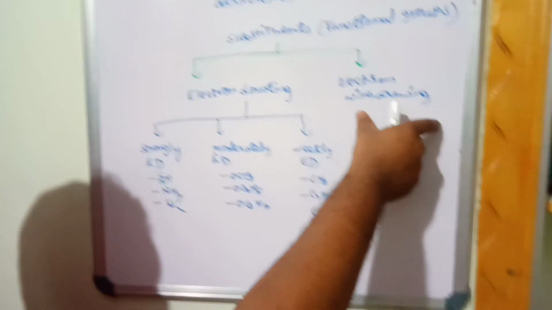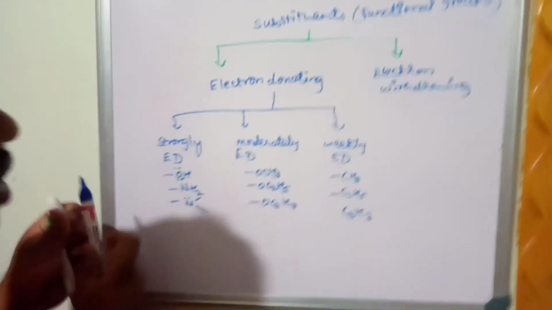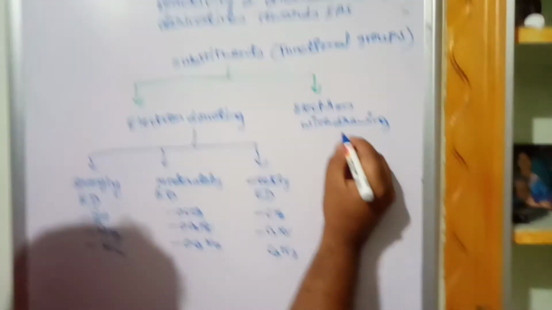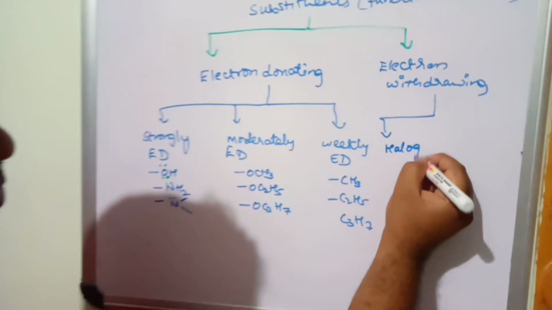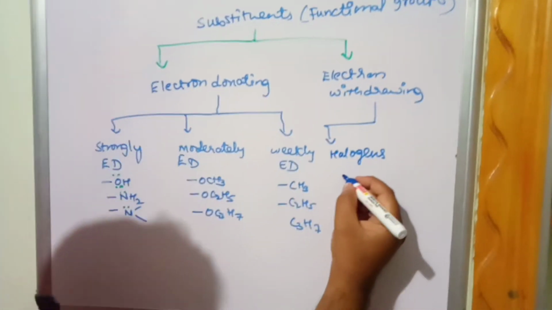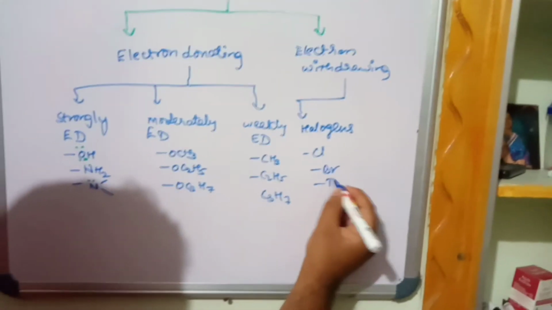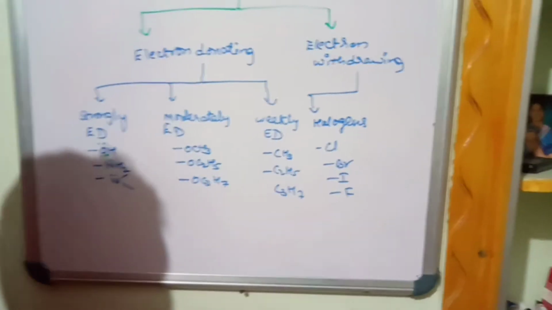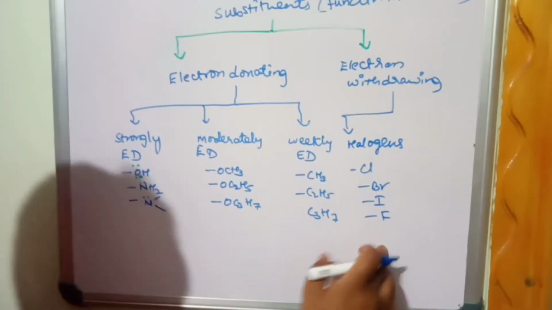Mainly the electron withdrawing groups are halogens, like chlorine, bromine, iodine, fluorine. All the halogens are electron withdrawing groups.